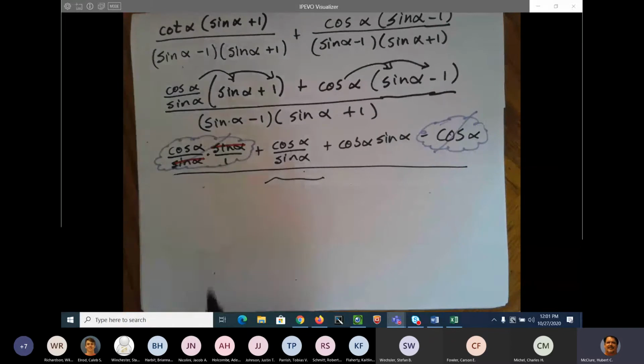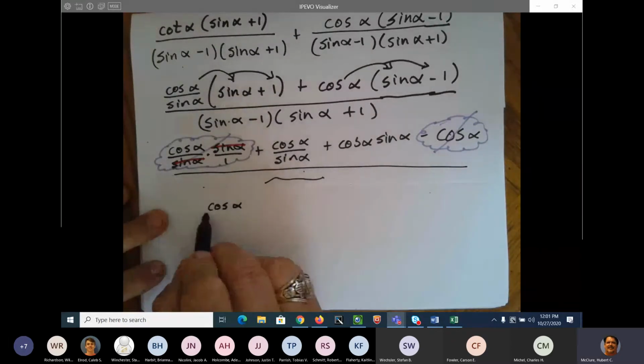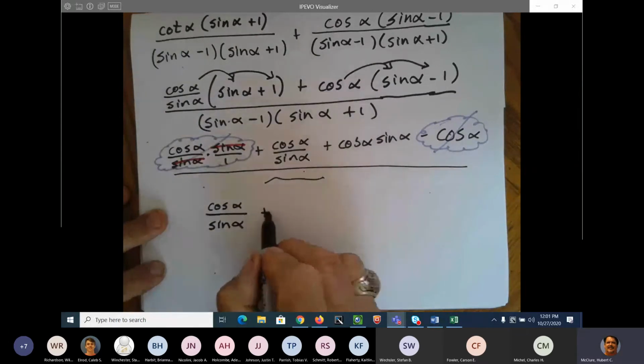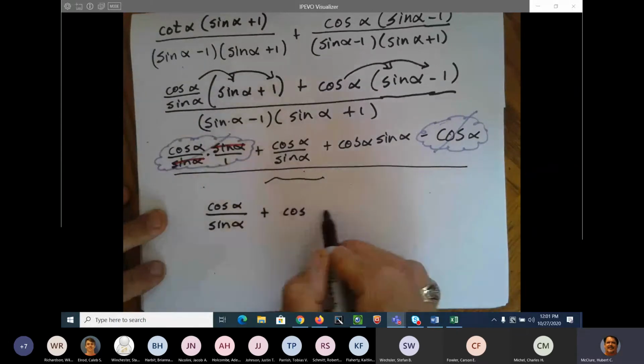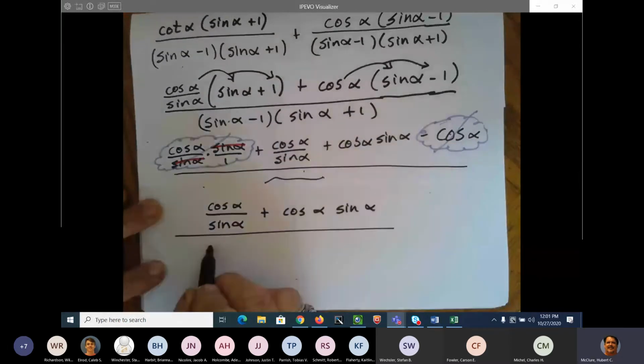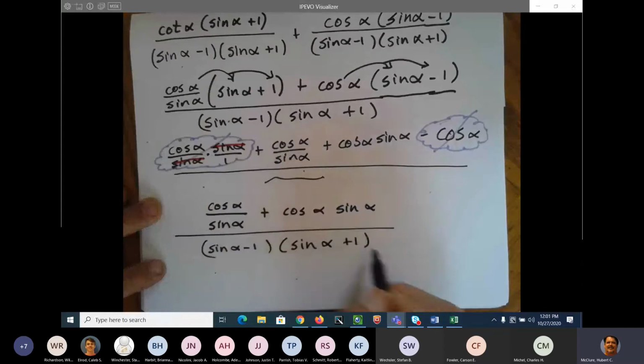You've got cosine alpha over sine of alpha plus cosine alpha sine of alpha over sine alpha minus 1 times sine alpha plus 1.